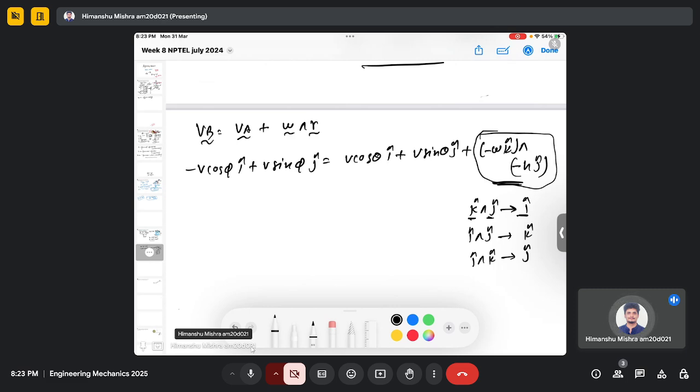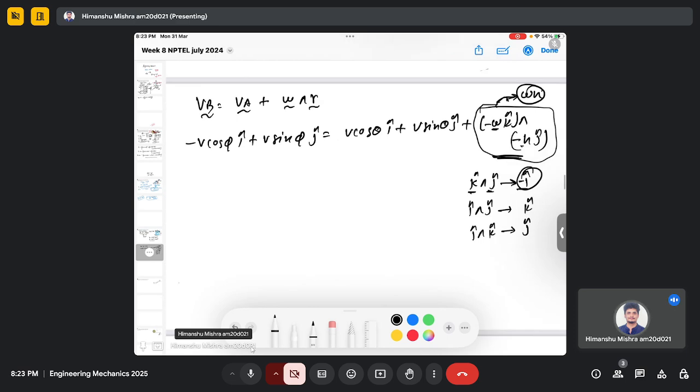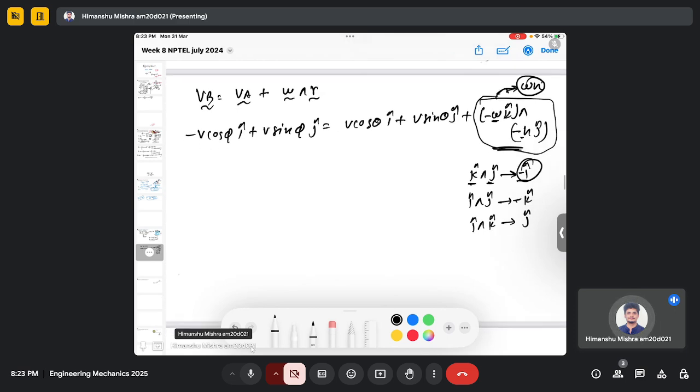And what will be the magnitude? The magnitude is just the multiplication of these, so the magnitude will be omega h, and the direction is i. Basically it is minus i here, and this is also minus, so I can write this as omega h i. This is the property of a cross product. It's not related to mechanics, it's related to mathematics.